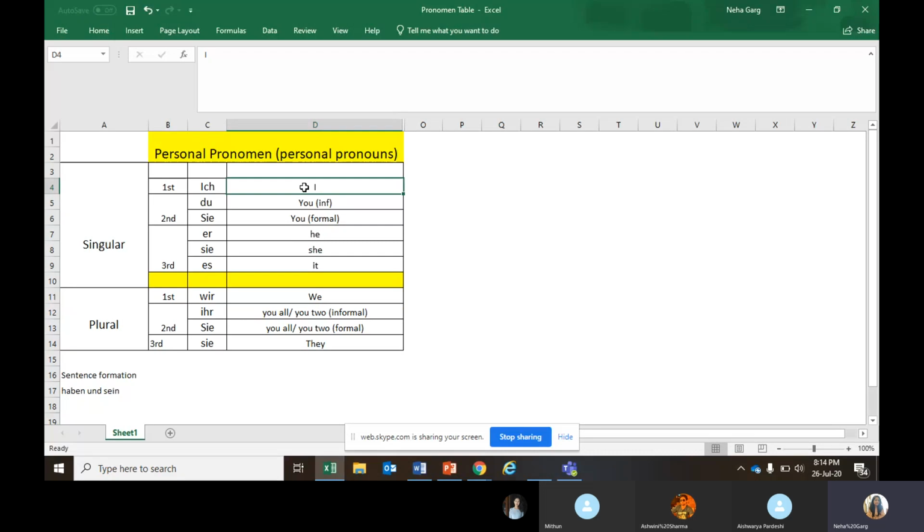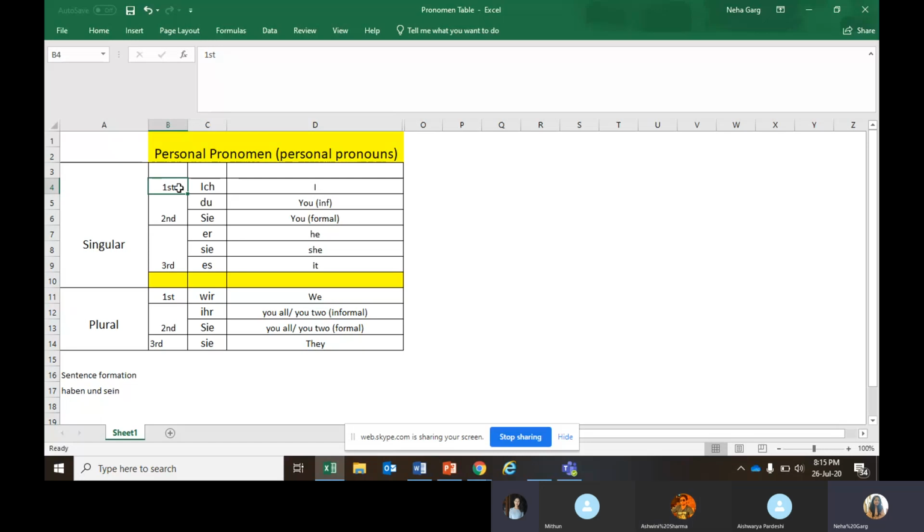So for I, we have ich. Say after me, ich. I, ich, which is a singular form, and we are using it for first person, which is me, right?